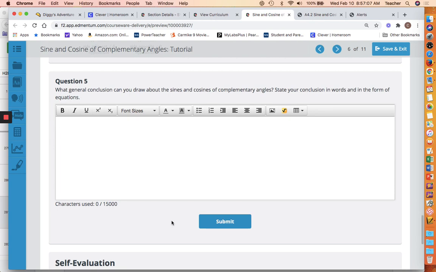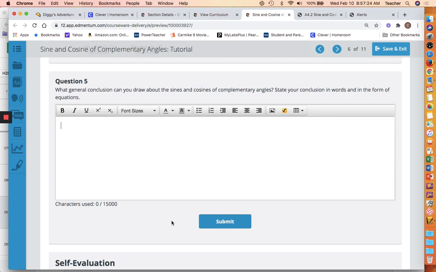All right, question number 5. What general conclusion can you draw about the sines and cosines of complementary angles? State your conclusion in words and in the form of equations. I think they're asking for the formula here.